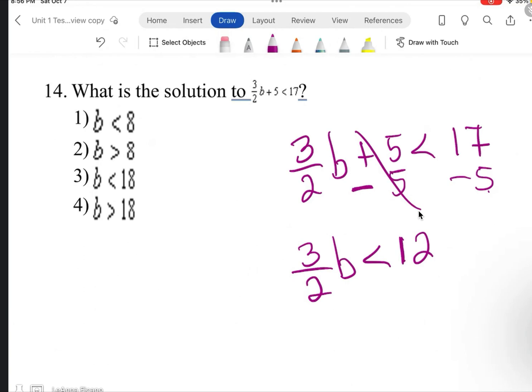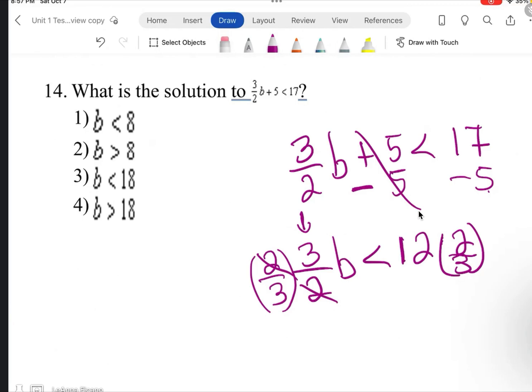Just like we do in our equations, if we have a fraction next to a variable, to get rid of this fraction we multiply by the reciprocal. Honestly, it's very similar to multiplying the 2 out first and then dividing by 3, but multiplying by the reciprocal just saves you a lot of time.